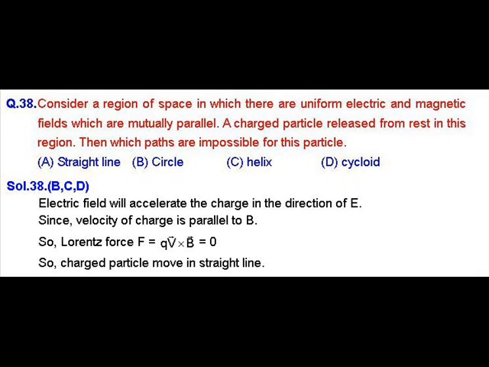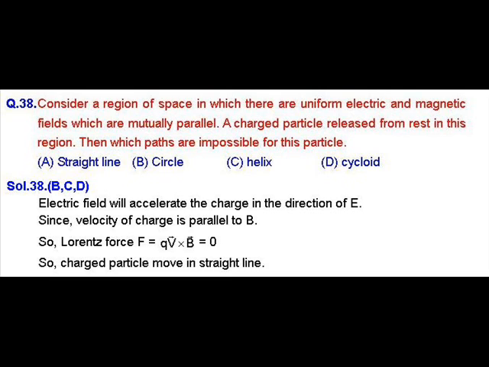Now, as we can see that the charge is released from rest, the electric field will accelerate the charge in the direction of itself. Now, if the charge starts moving because of the electric field, the velocity of the charge will be parallel to the electric field, and so it will also be parallel to the magnetic field, because the electric field and magnetic field are given parallel to each other.